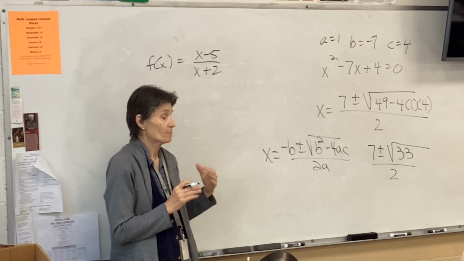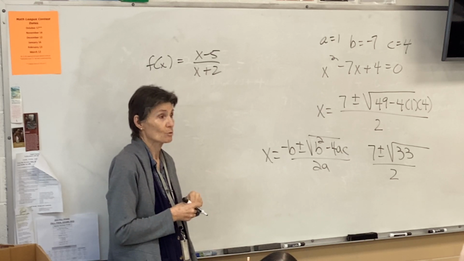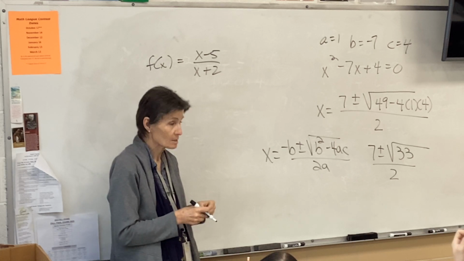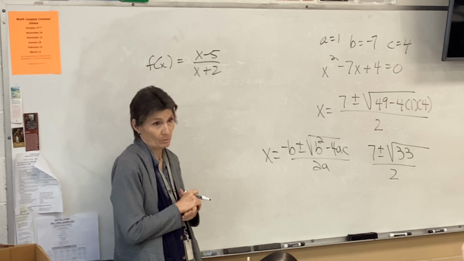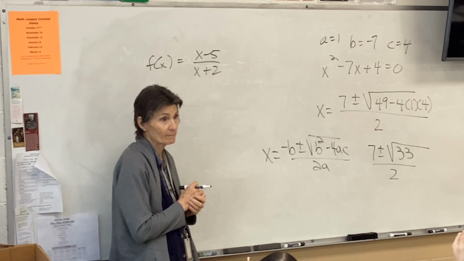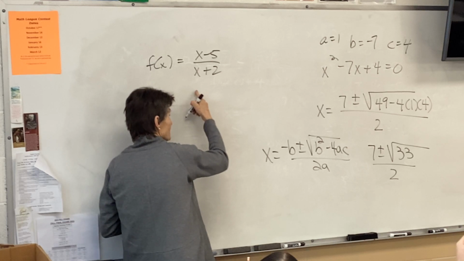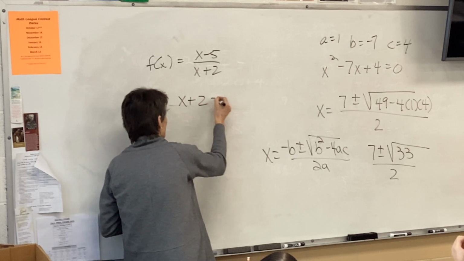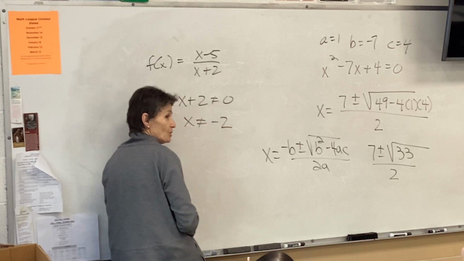Okay, this problem doesn't have a radical, but it does have a denominator. What's the rule for denominators? They can't be equal to 0, right? So what's that mean? If this can't equal 0, then x can't be -2.